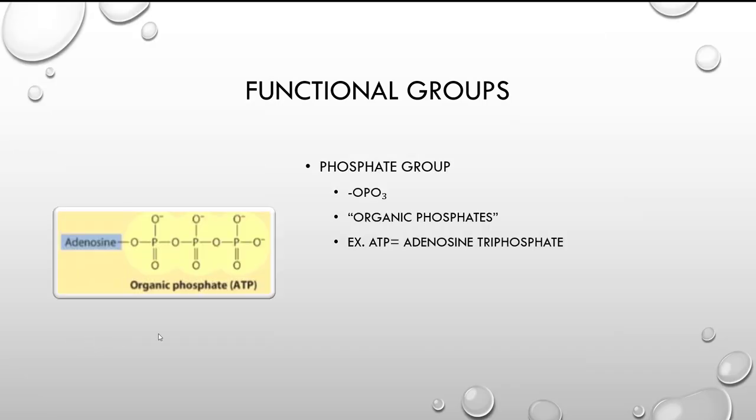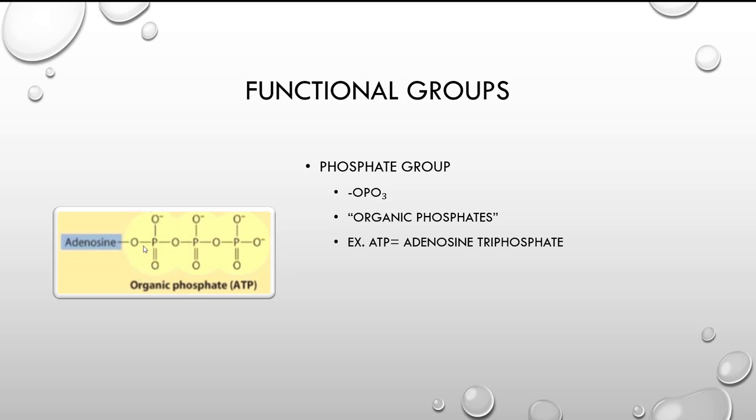And then the final one we're going to talk about are the phosphate groups, also known as the organic phosphates. Our organic phosphates have the carbon skeleton, or whatever the rest of the molecule is, but then they have an organic phosphate, an oxygen, and then a phosphorus with 3 oxygens attached.